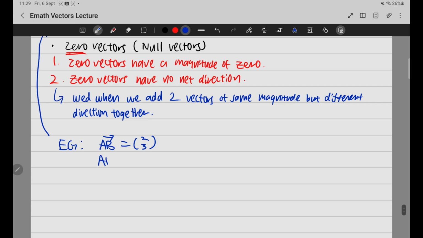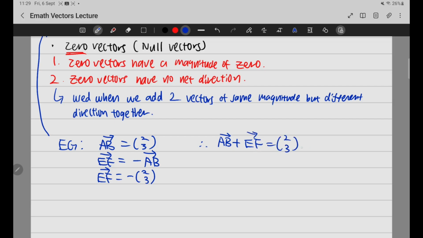And since EF is negative AB, that means EF equals (-2, -3). Therefore, when we add AB to EF, we take (2, 3) plus (-2, -3), which gives us (0, 0).